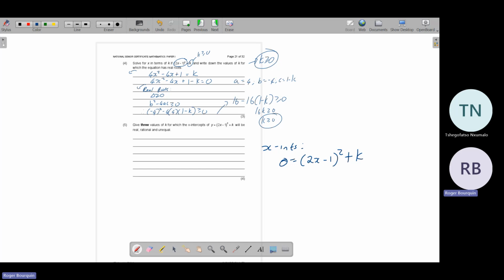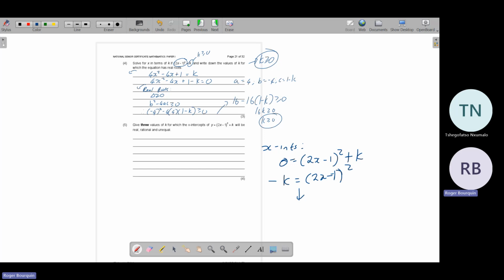I'm just gonna leave that. 3 values unequal, which is 3 answers. 3 answers, 3 values.